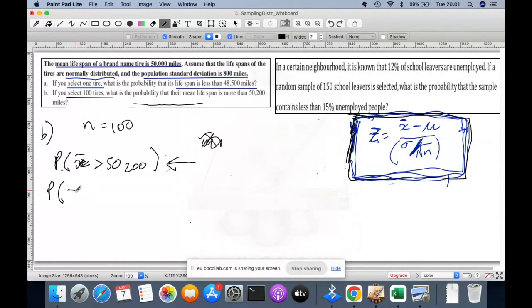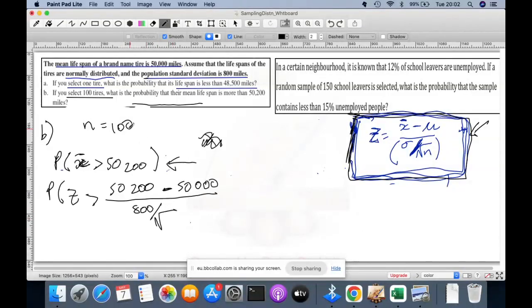Now I'm no longer talking about X bar, it's going to be Z greater than 50,200 minus mu, which is 50,000 from our question, divided by sigma, which is our standard deviation, 800 from our question, divided by the square root of our sample size n. So it's the square root of 100, which was given to us in the question.